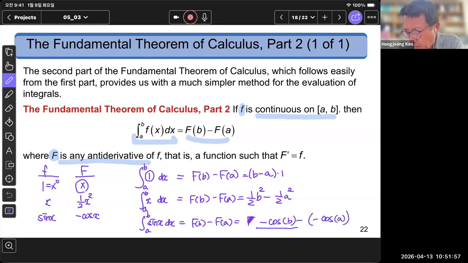So that will be the definite integral of sine from a to b. If I know these antiderivatives, then it will be very easy to estimate this definite integral. You don't have to consider the Riemann sum.